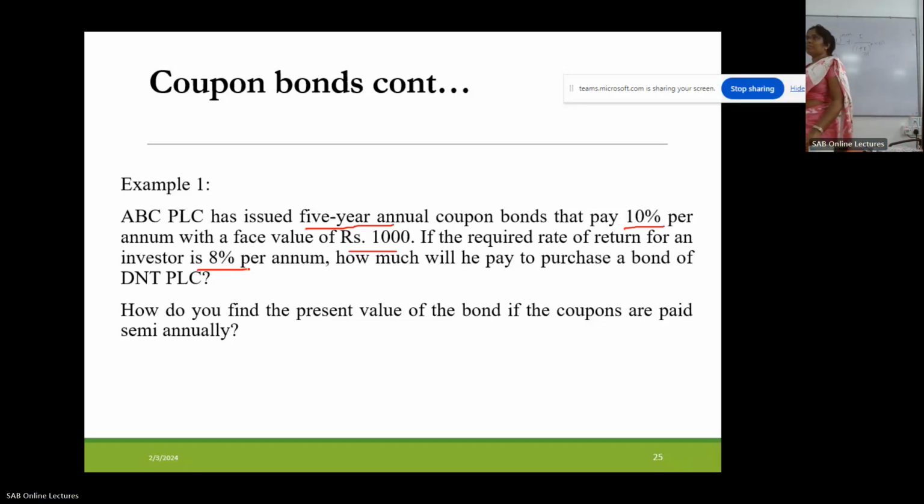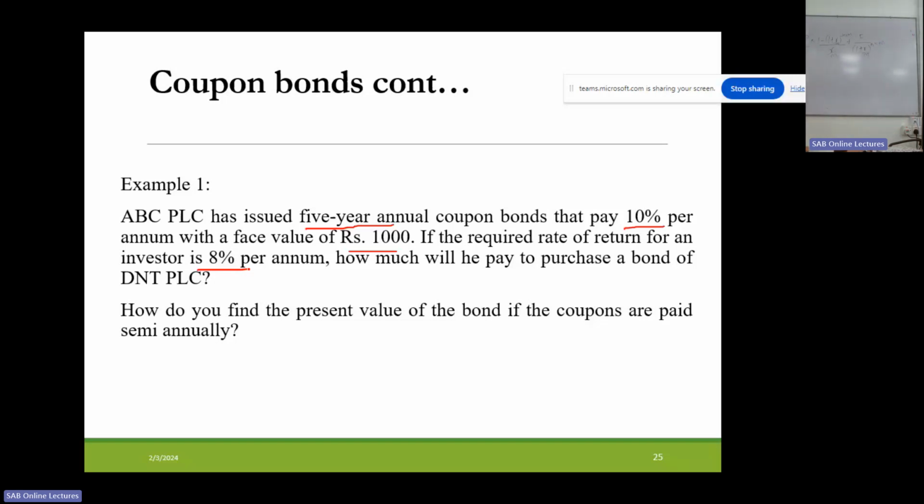A 5-year annual coupon bond with 10% coupon and face value of 1000. How much will the investor pay if he is going to invest in this bond?